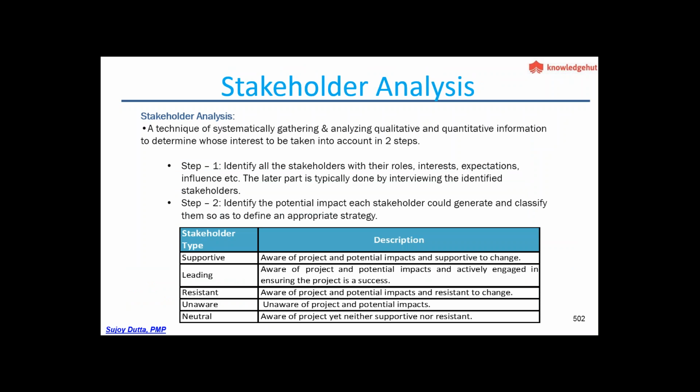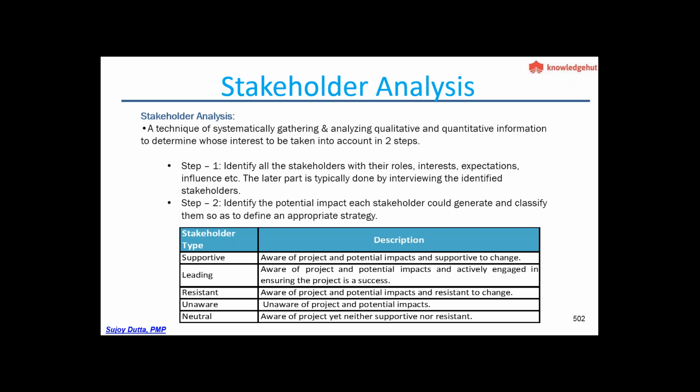So the stakeholder register basically starts with the columns for the stakeholder analysis. So how do we do that? It is a technique of systematically gathering and analyzing qualitative and quantitative information to determine which stakeholders' interests are to be taken into account, in two steps.